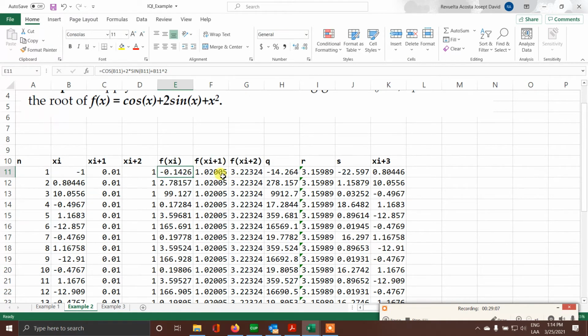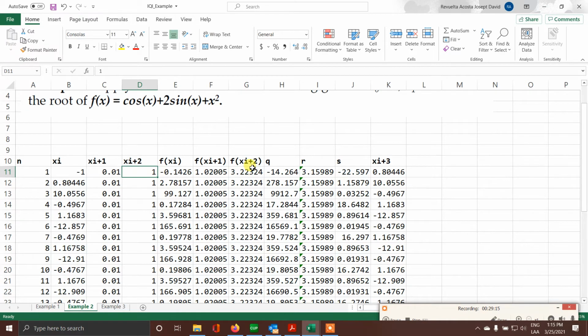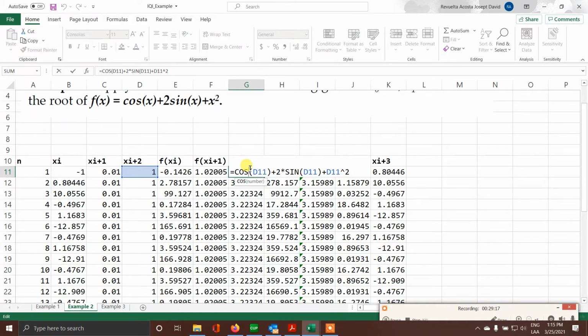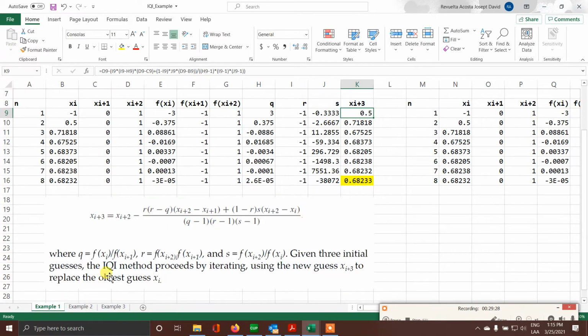So you see that I'm not even perfect. Sometimes we make mistakes. If you think about it, it's f(x_i+1), and this is f(x_i+1). So we have to make sure that we do things properly, because sometimes it gets confused. So Q now it's fine.